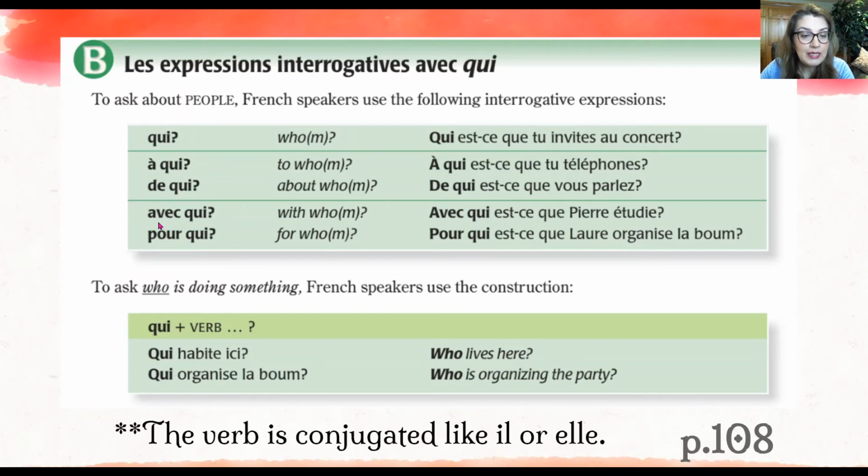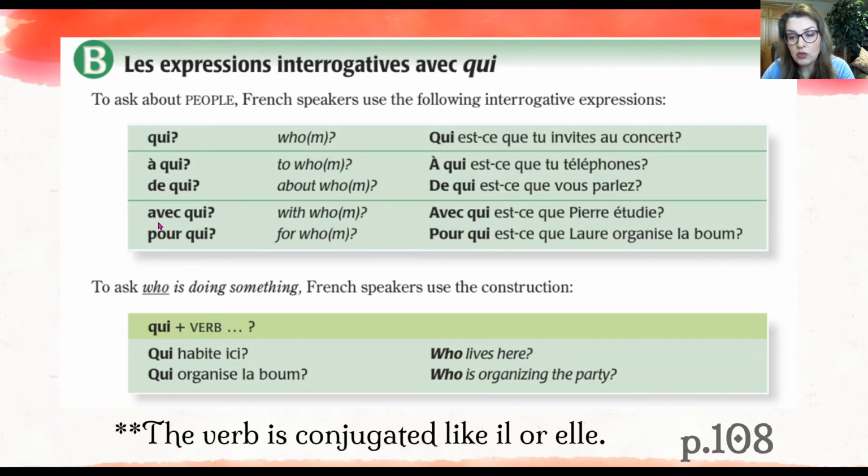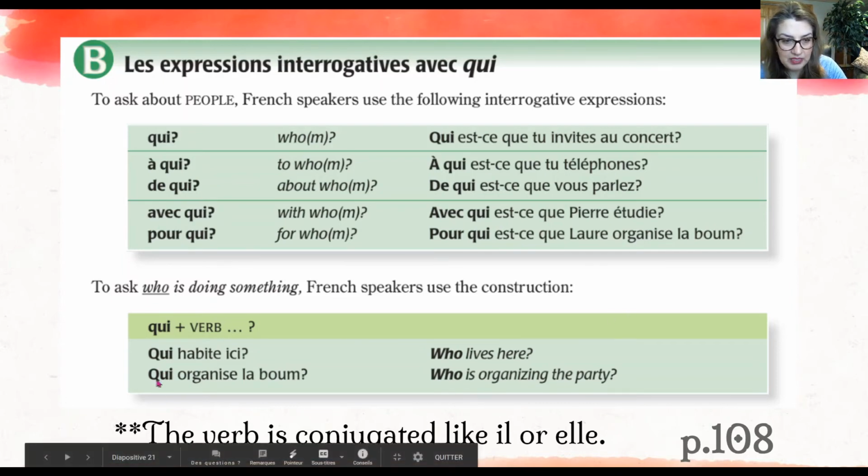Okay? Qui habite ici? Who lives here? Another example. Qui organise la boum? Who is organizing the party? The verb is conjugated like il or elle when it's preceded by qui.